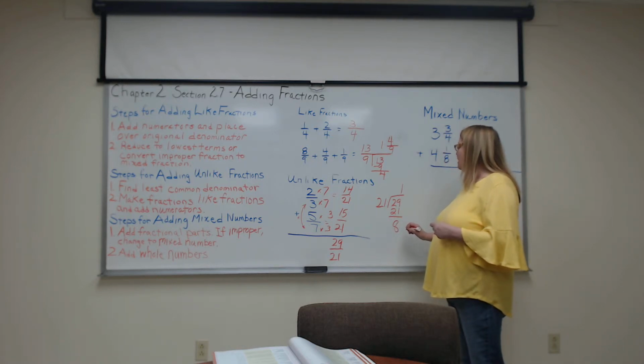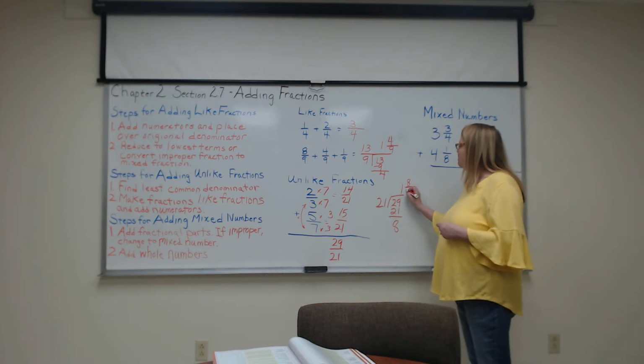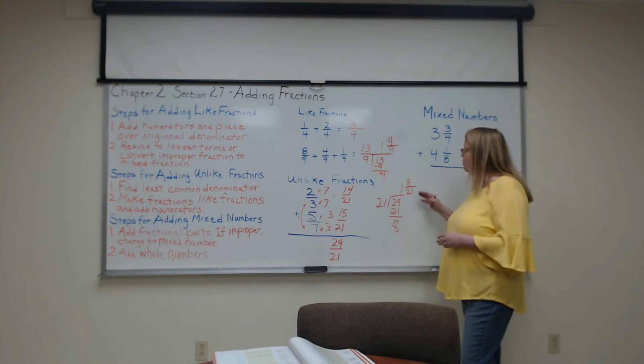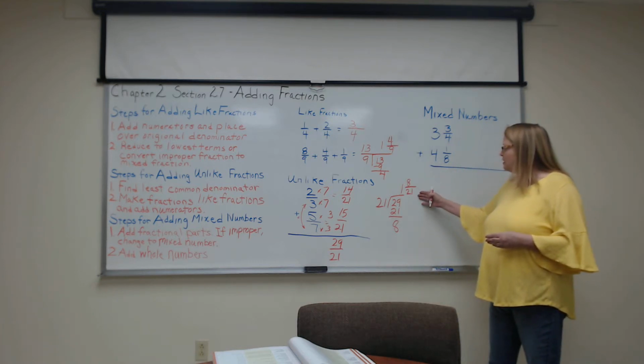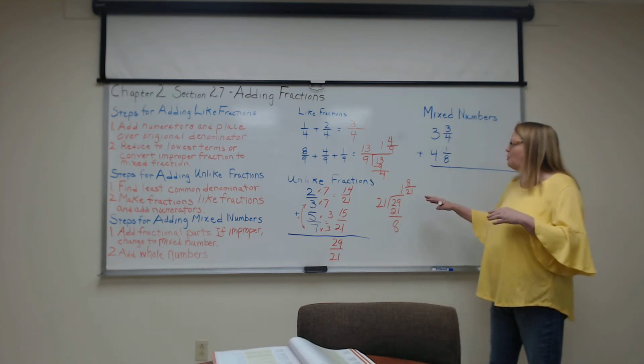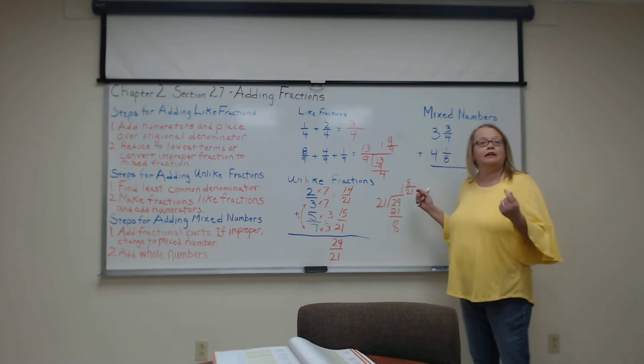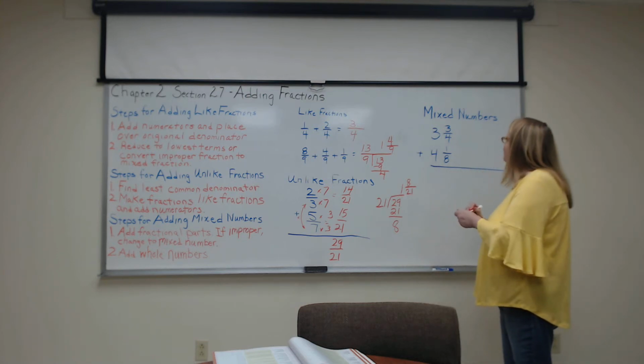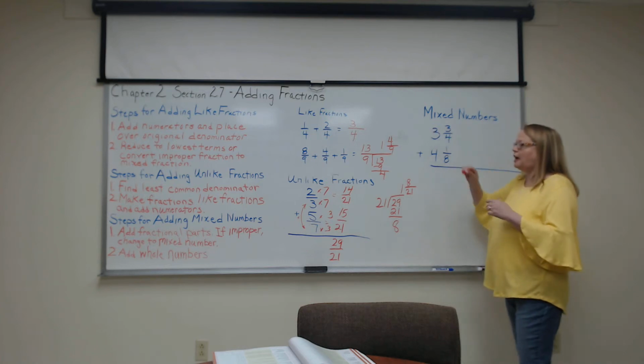If you remember, 8 becomes our new numerator, and 21 is our denominator. So we check to see if that can reduce any more. It cannot, so we know that our answer is 1 and 8/21.